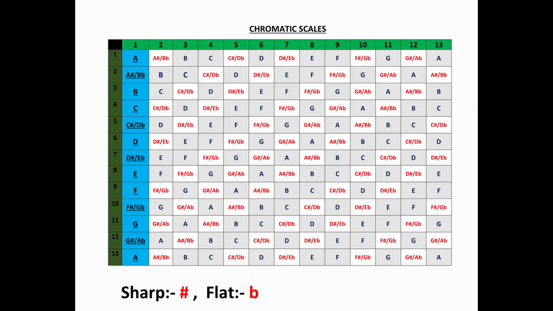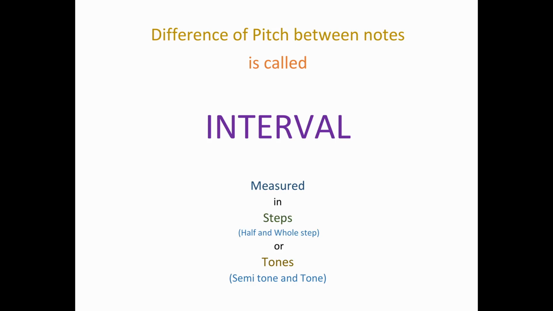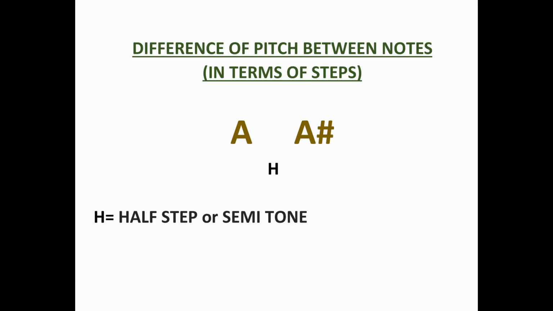So guys, if we look at the distance between each note, we get some pitch difference. Basically in music we don't talk about physics or mathematics, we always use steps. If we measure the difference of pitch between A to A sharp, this is called a half step.